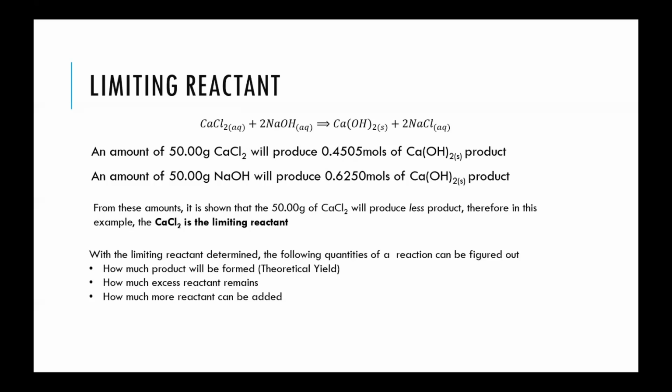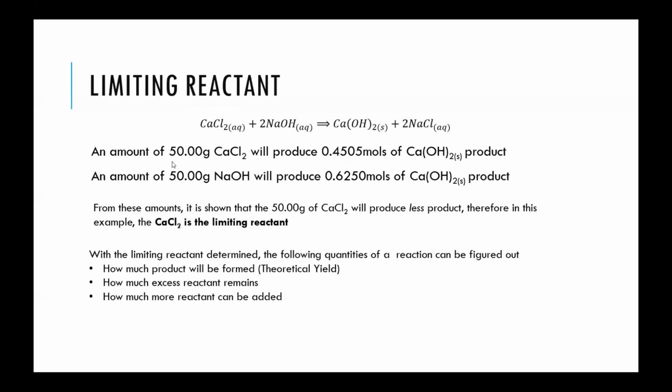So when you have the limiting reagent, there are a number of things you can determine after that. You can look at how much of the actual product will be formed. If you mix these things together, how much of the end material will actually be generated? That would also be considered the theoretical yield. You can see how much excess reactant remains.